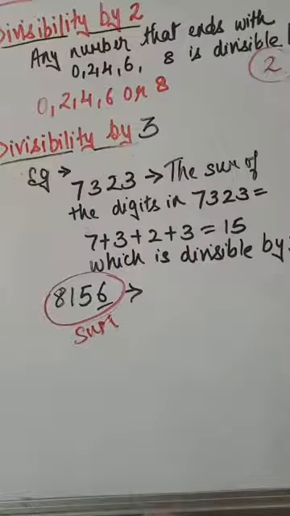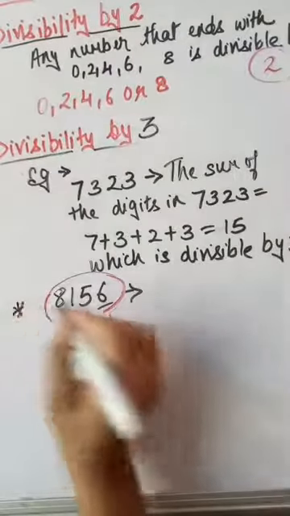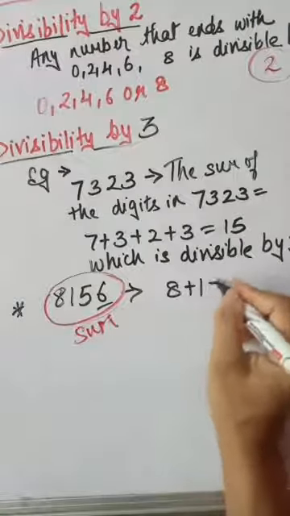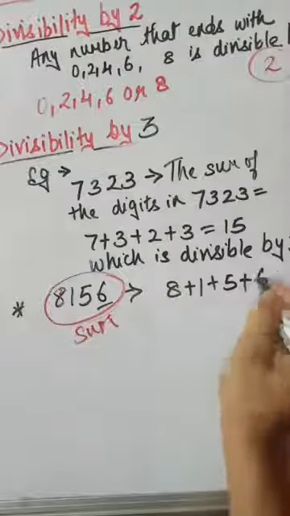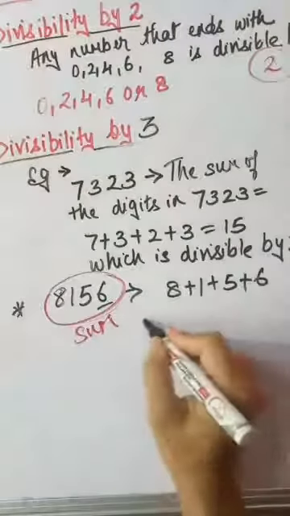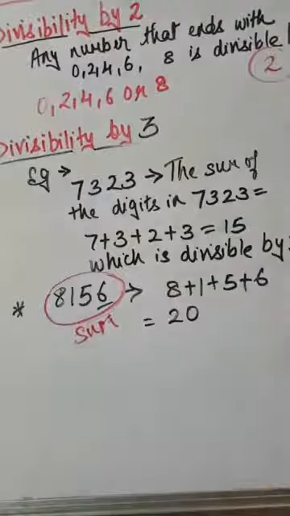So what will be the sum for this number? 8, 1 plus 5 plus 6. We are not going to check the ones place. So what will be the sum? Yes, very good. The sum is 20. Is it divisible by 3?